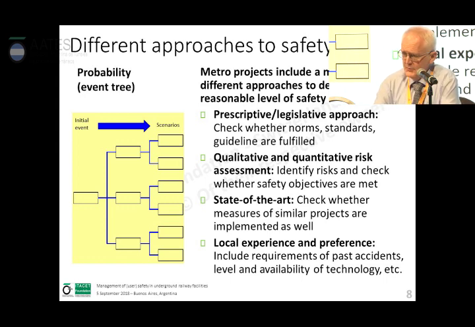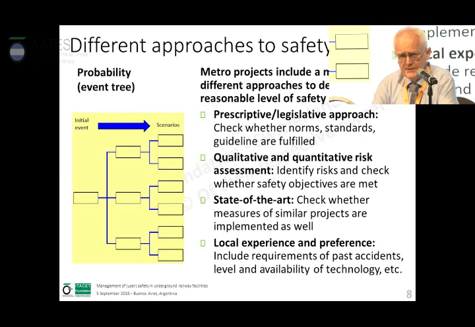But you can distinguish between four major approaches, sort of. One is a prescriptive or legislative approach. So you check whether your proposal, your design, meets certain standards or laws or guidelines. The other approach is to do qualitative and quantitative risk assessments.